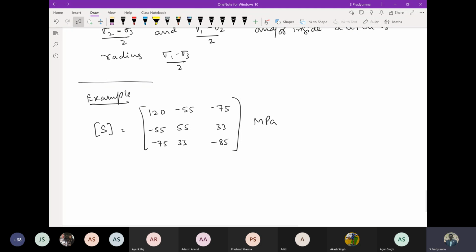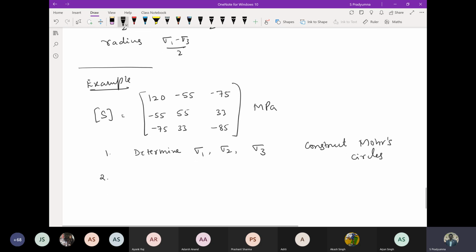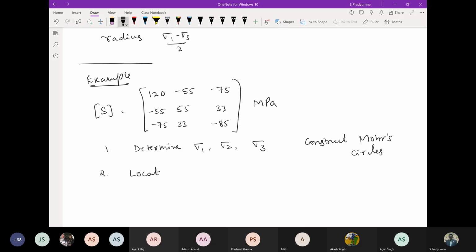Okay. So what I need to do for this is that first determine sigma 1, sigma 2 and sigma 3 and construct the Mohr circle. And second is to locate point A given by sigma n1 comma tau s1 and point B corresponding to sigma n2 and tau s2.